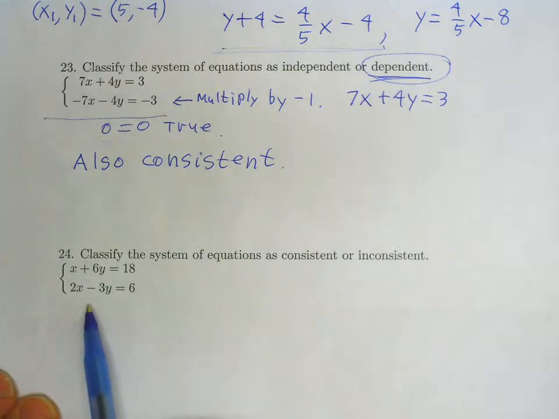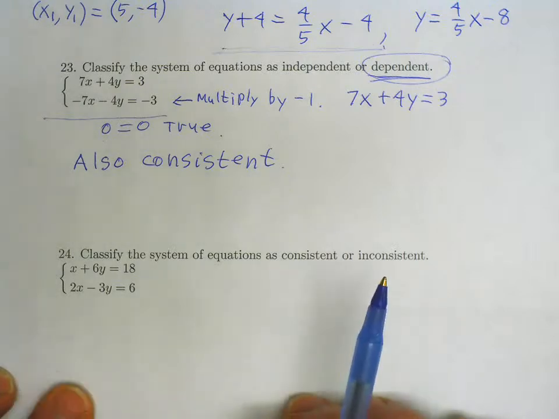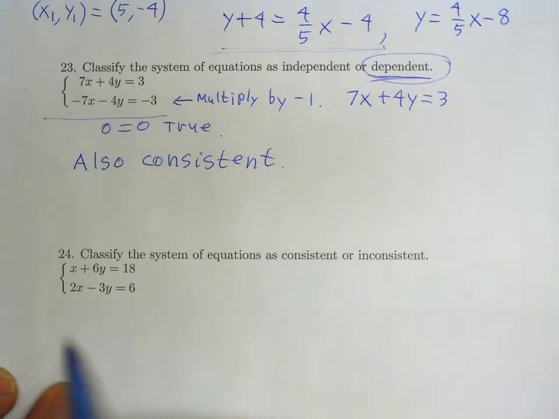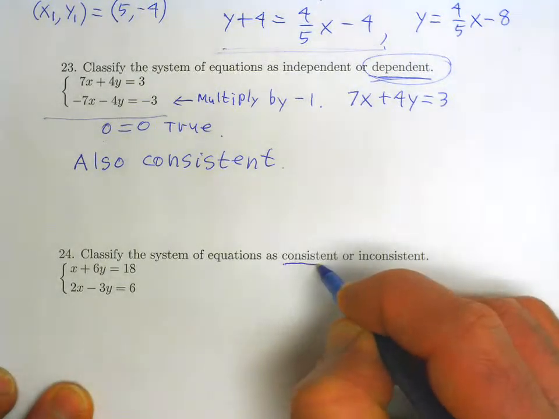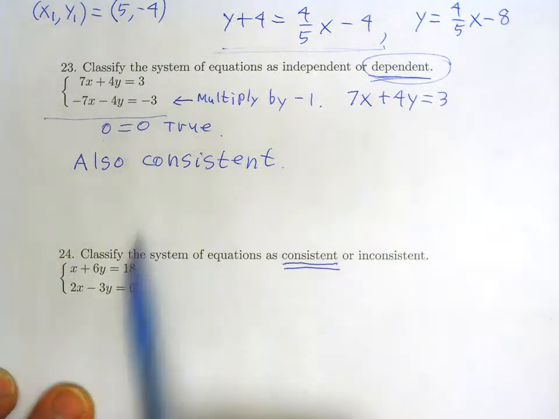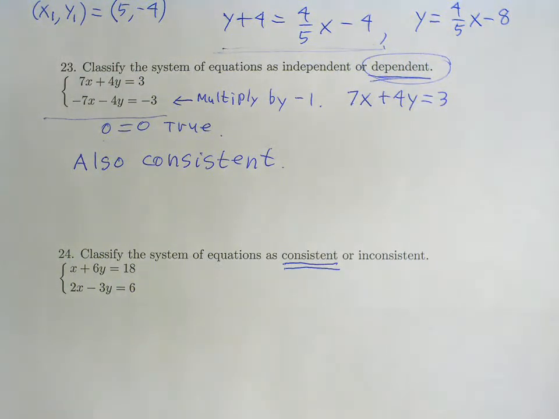Okay, so if two lines have different slopes, then the system has exactly one ordered pair solution. So there's a number of ways you can go about concluding that this is consistent. You can solve it, and when you succeed in solving it by getting a single ordered pair, you'll know, oh, it's consistent.